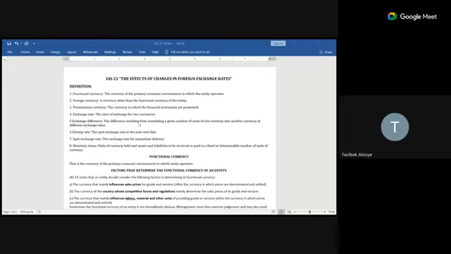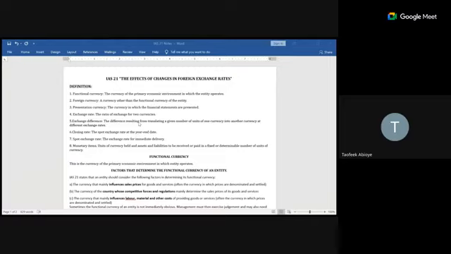Then number two is foreign currency. The standard is very simple when it defines foreign currency. Foreign currency is a currency other than the functional currency. That means a currency that is not the functional currency.